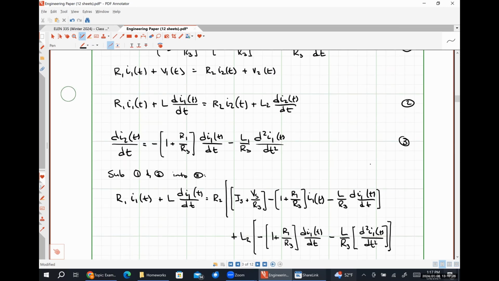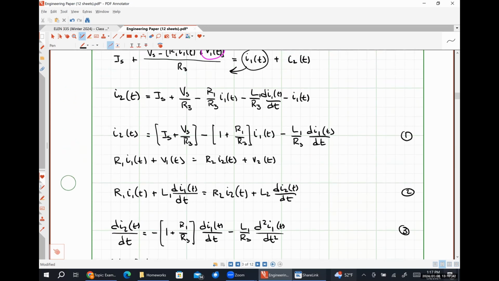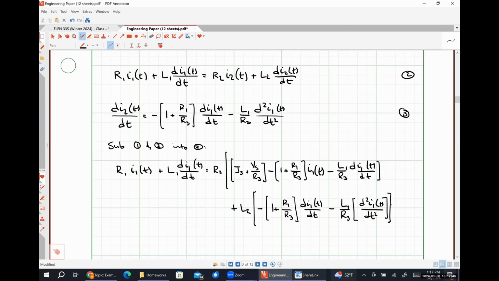L1, L1, L1. I think I got all of them. Looks like all of the ones that were missing were associated with inductor 1. Okay. Sorry about that.